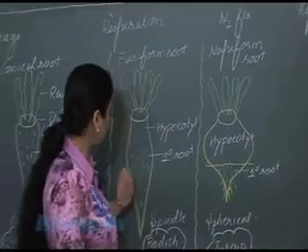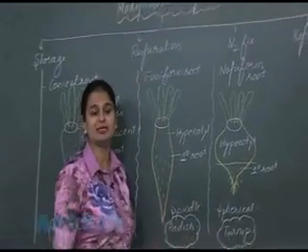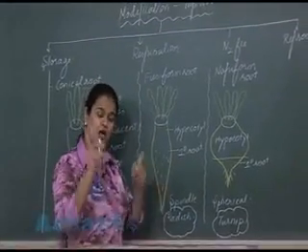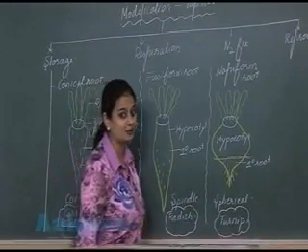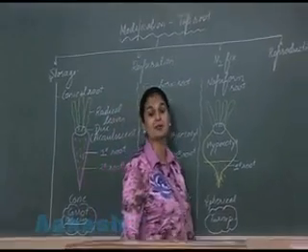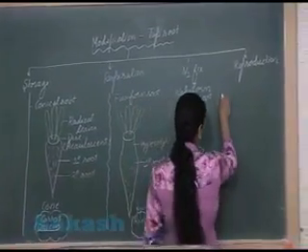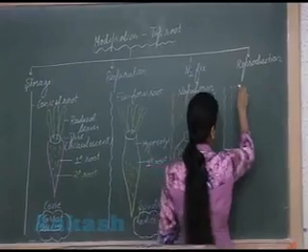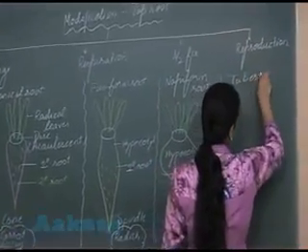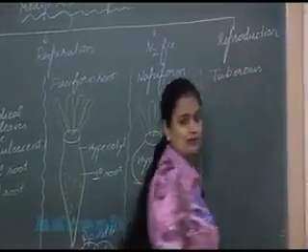So in the case of fusiform as well as in the napiform root, along with the primary root, the part which is involved in the storage is the hypocotyl. Now coming to the next one, the last one, that is tuberous root.